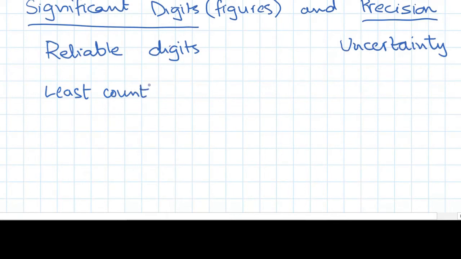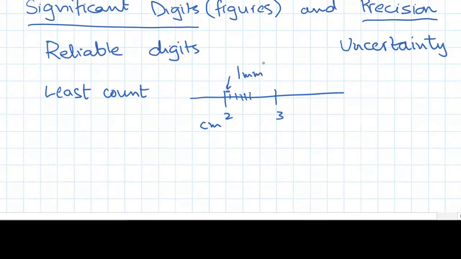So for example, on a ruler, if this is in centimeters, 2, 3, and if it is further divided into 10 parts, this may be 1 millimeter. Then using this ruler, the best you can measure is 1 millimeter. You cannot measure something smaller than 1 millimeter, because then you'd be guessing, because there's not a mark to measure that.